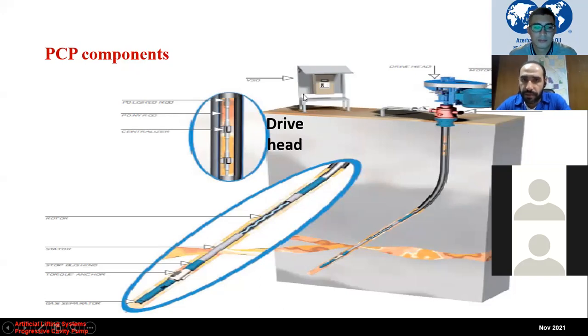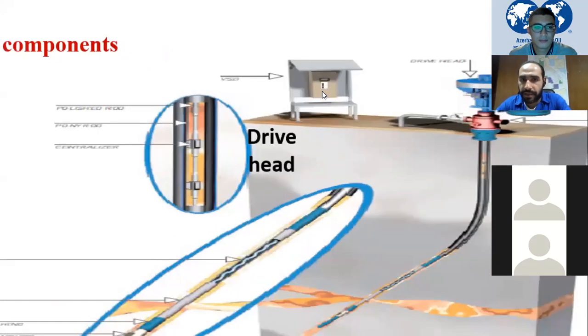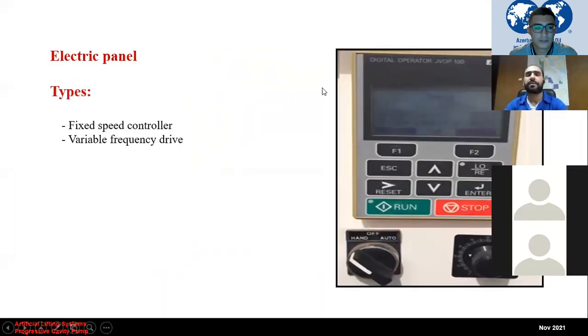The first component is the electric panel. We have two basic types of electric panels: fixed speed controllers and variable frequency drives. The fixed speed controller is just like an on-off controller; it protects the motor against disturbance from the power source. That's it.